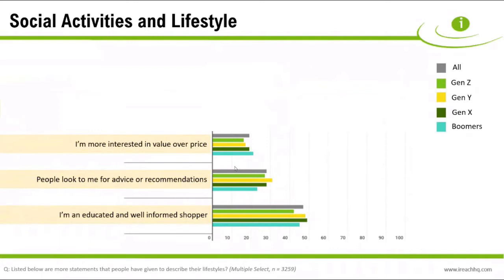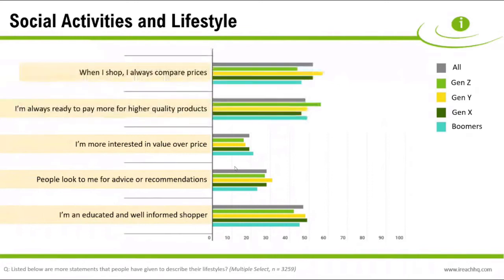So even though Boomers do stand out more in this statement or this description of lifestyles, the percentage is still quite low. And when we look at the bottom one there, "I'm an educated and well-informed shopper," people really feel that they know the way around shops, they know the way around being educated in terms of getting value or getting deals based on how they spend.